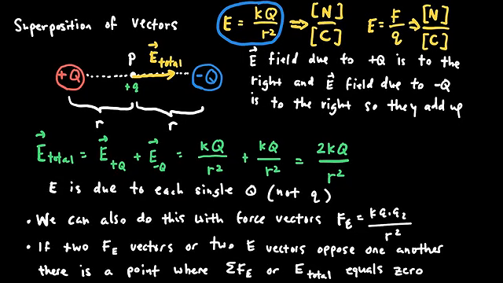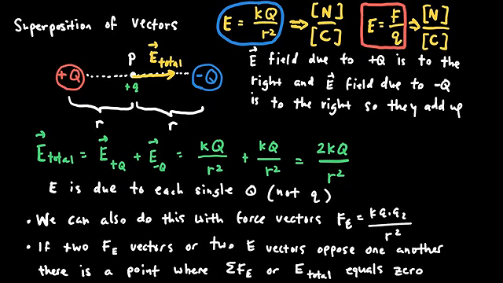So for a given charge Q, if I'm a distance r away from that charge, what will be the electric field strength at that position? The units work out such that electric field can be measured in newtons per coulomb. And maybe that's more easily demonstrated if you think of electric field as being a force per unit charge, where forces are measured in newtons and charges are measured in coulombs.